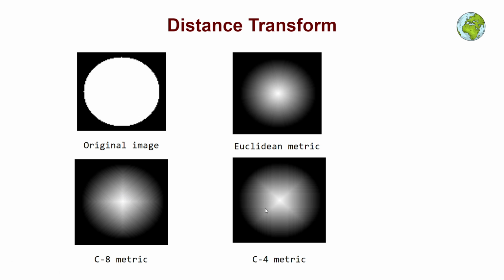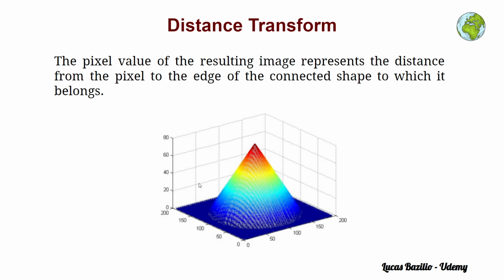Okay, so we have these two partial results. Since we are always representing the distance from the pixel we are computing to the edge of the shape, the surface of the pixel values has this shape. The pixel at the center has the highest value. It is the whitest, because with gray levels, 0 is black and 1 is white, right? So here it is the maximum value.